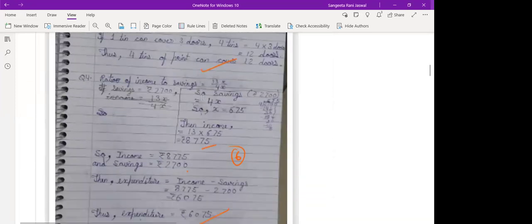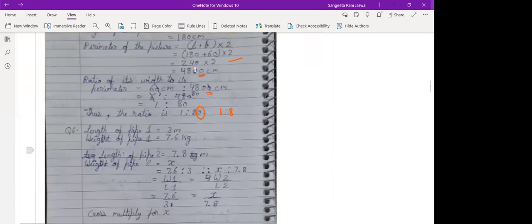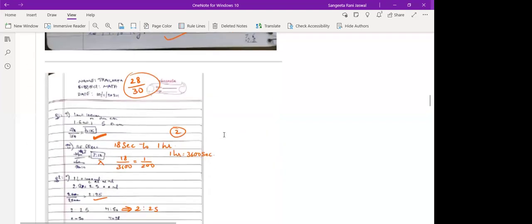All questions were correct. Only a very minor mistake was there: instead of 480, you wrote one more zero here, and then you got the ratio 1:80. Rather, it is 1:8. Since this was one mistake, I just reduced half a mark here.